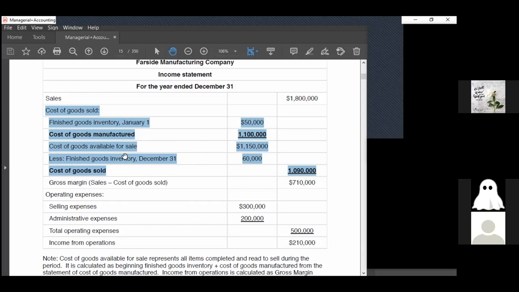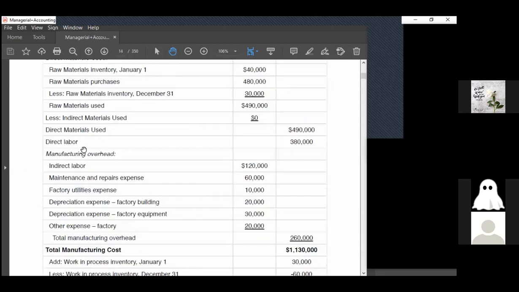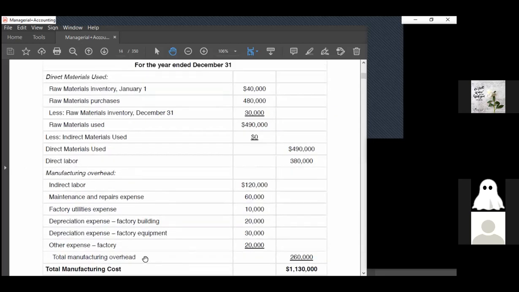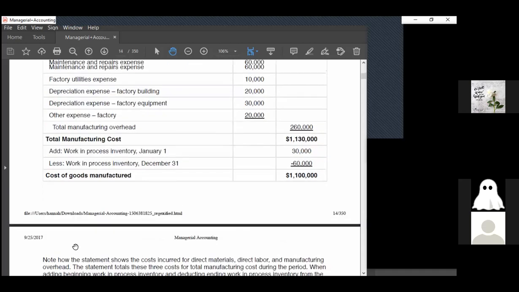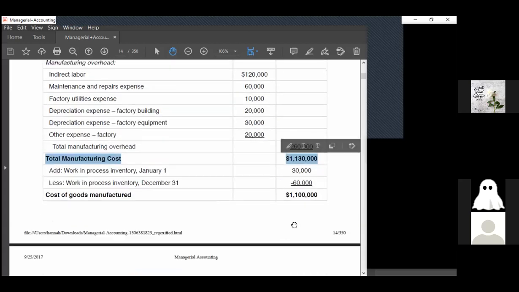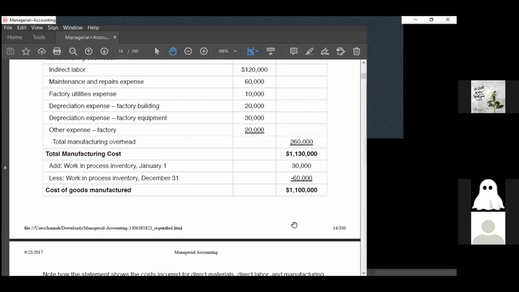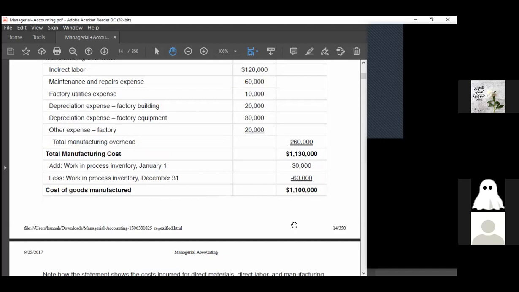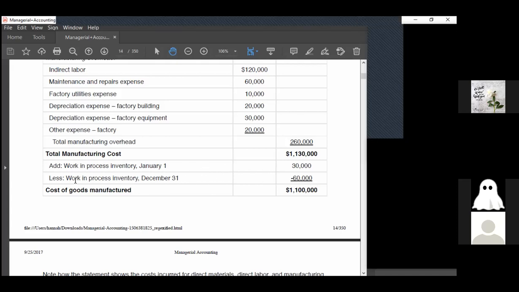So we had this statement where you have the direct material plus direct labor plus manufacturing overhead, adding up to be your total manufacturing cost over here. And then you have your work in process inventory for 1st of January, and your work in process inventory for 31st of December, that adds and reduces to give you the cost of goods manufactured.